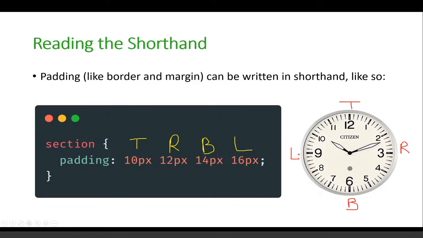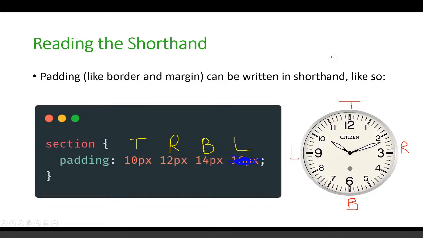Now you might see it sometimes where there's just 2 properties or 3 properties written here. When you have 2 properties or 3 properties, what you're doing is taking the adjacent properties that you're not including and putting them together with the one that's across from it. So let's say I had 3 properties, and this is going to be the one that confuses a lot of people. Let's imagine the 16 pixels on the end here is not there. I still have 4 spaces, right?